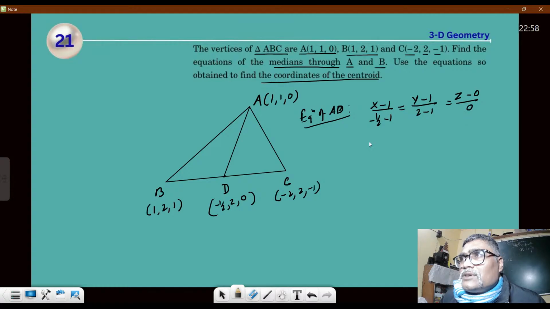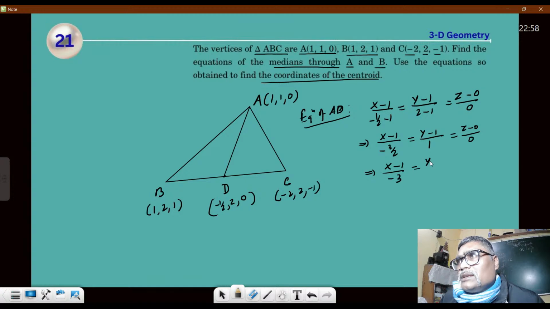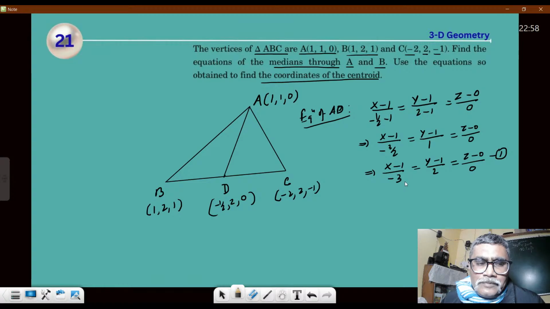So ultimately I get the reduced form. It is (x minus 1) by (-3/2), equals (y minus 1) by 1, equals z by 0. This line I can still manipulate by multiplying by 2. I can even multiply it by -2. Anyway, I have simply multiplied by 2. So this is my first median, AD.